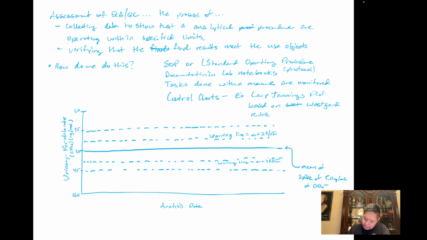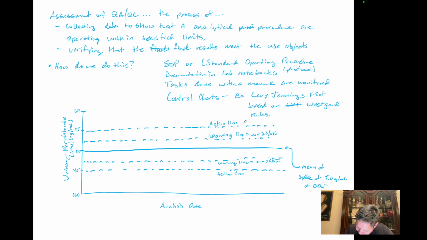And then the two dotted lines that are plus or minus 0.5 away from the mean of 5.0, these are action lines. All right.